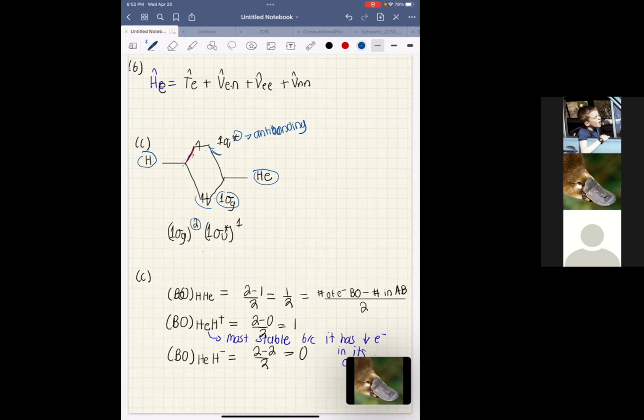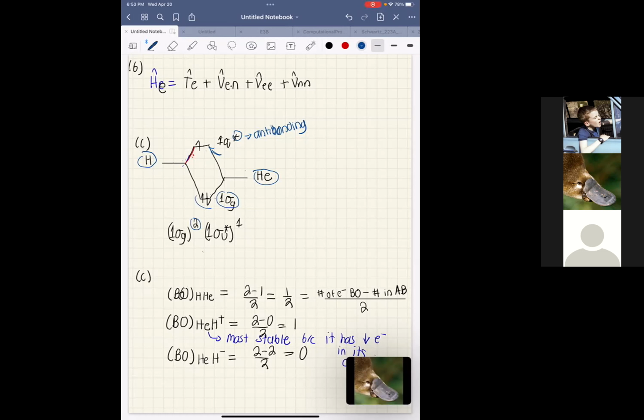About the energy level, is it the same, like a sigma G with 1s and then 2s stuff? Wait, what are you talking about? Like the energy levels, for example, is 1 sigma G equal to 1s?